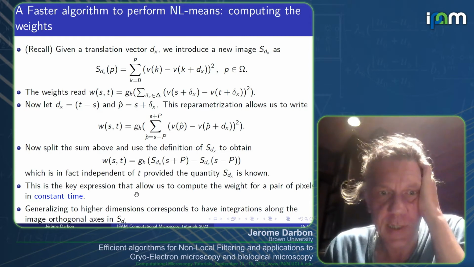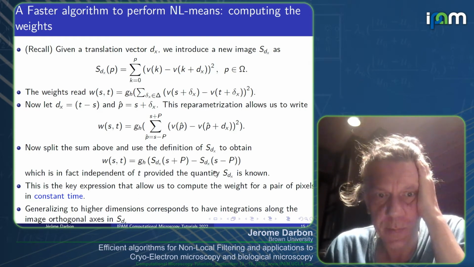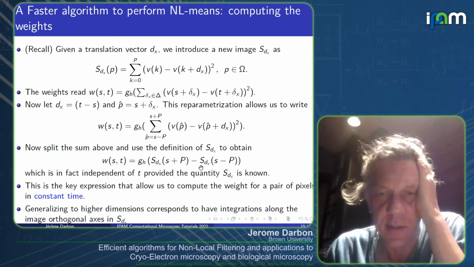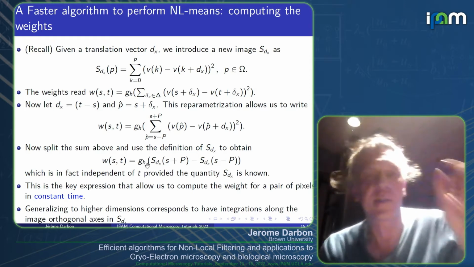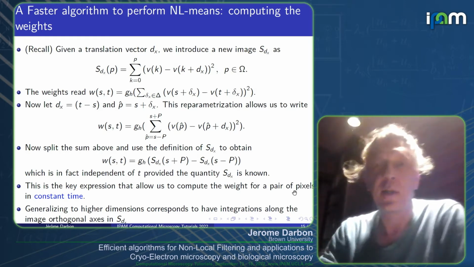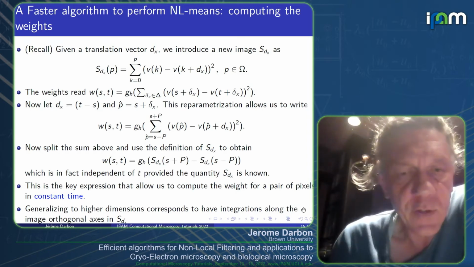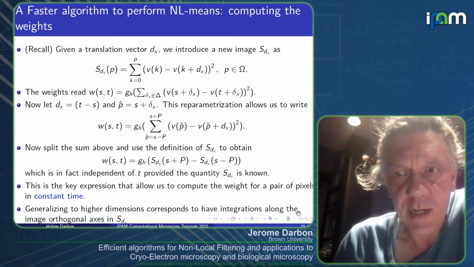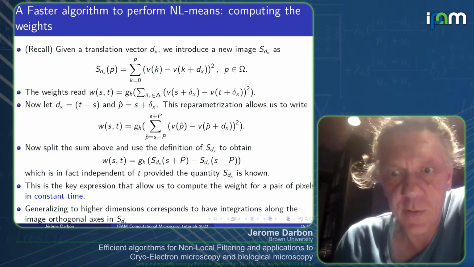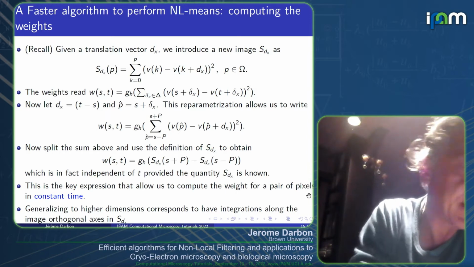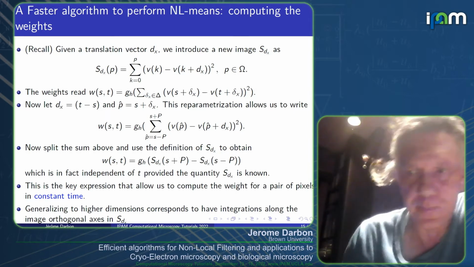And the key property is that it is computed in constant time, because I have access to the entries of SD in constant time, and then I can compute the difference, and I apply GH. And if you want to generalize on that idea to higher dimension, you simply repeat this process of the cumulative sum here for each dimension in another orthogonal basis.